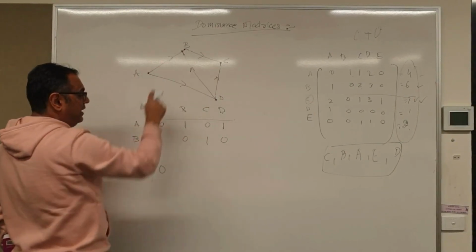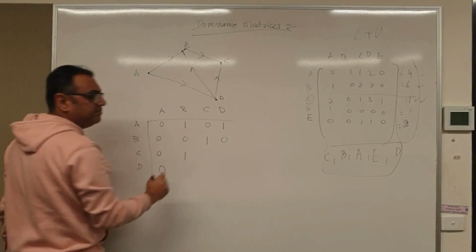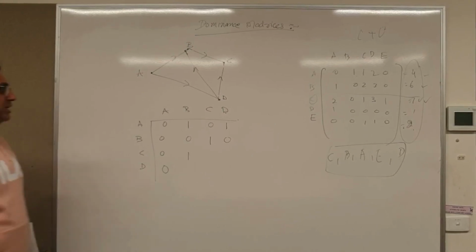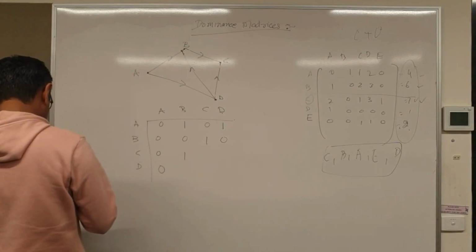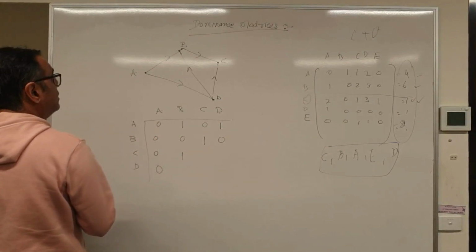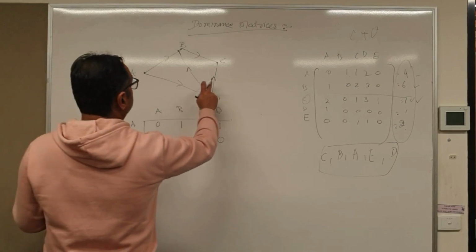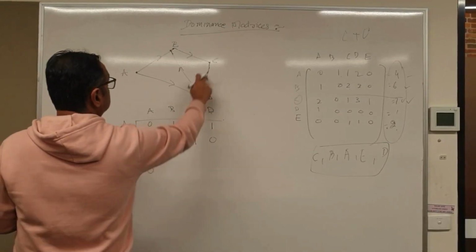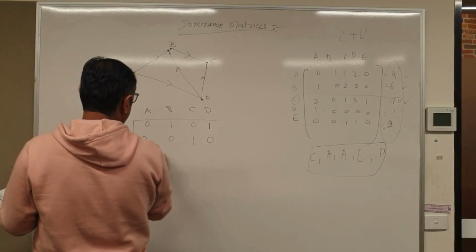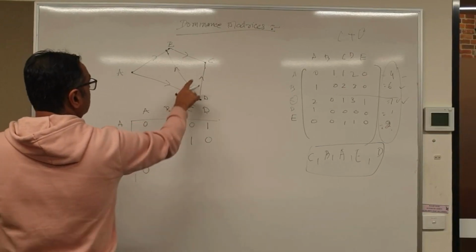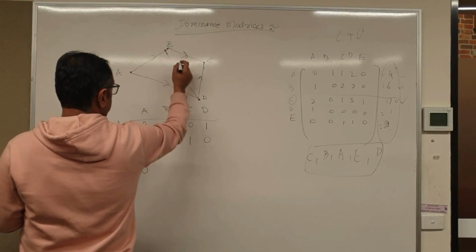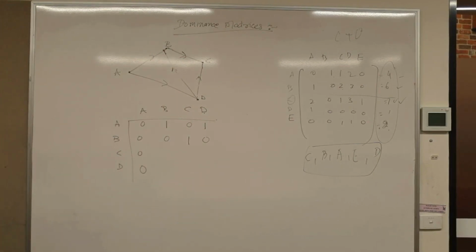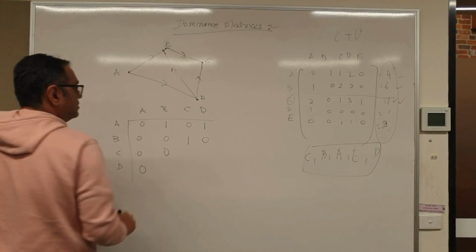C beat B. I'm looking at this connection, right? Yeah, C to B. So it is a 0.